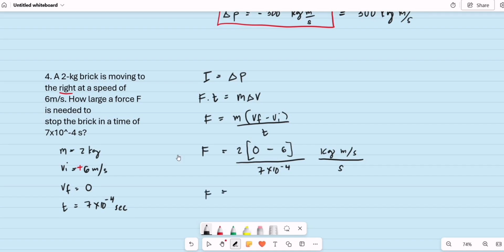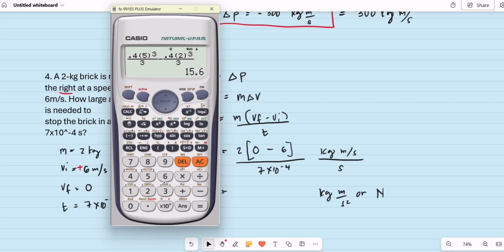So the final unit should be the kilogram meter per second squared, or basically this is in newtons. So computing for that value, we have 2 times, we have again 0 minus 6. This is divided by 7 times 10 raised to negative 4.